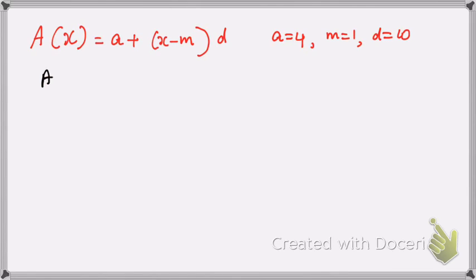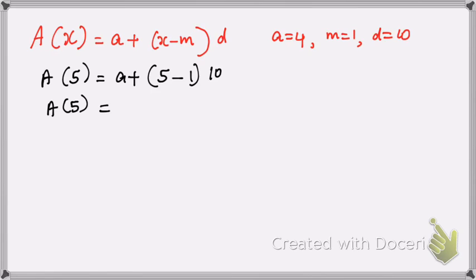So a of 5 would be a plus 5 minus 1 times d. That would be a of 5 equals, I mean you already know what a is, a equals 4 plus 5 minus 1, which is 4, times 10.